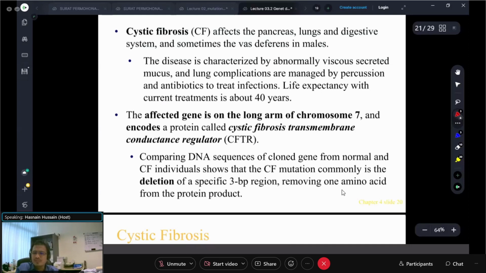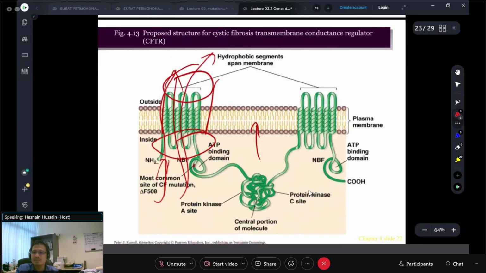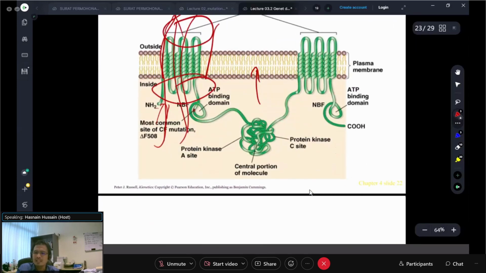So the defect is commonly a deletion. Deletion means that the gene is modified by removing one amino acid from the protein at the 3 base pair region. The 3 base pair region means somewhere from the C terminus.